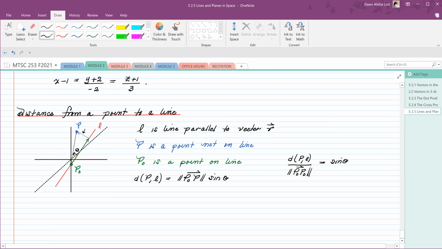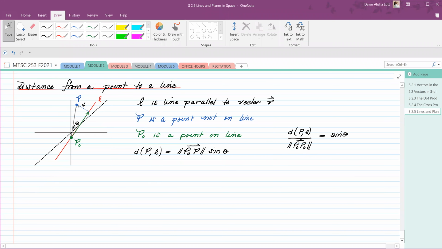Okay. So now I know from my formula, recall the length of V cross P naught P is equal to the length of V times the length of P naught P times the sine of theta.